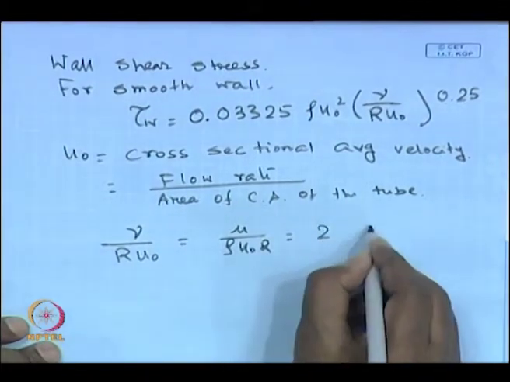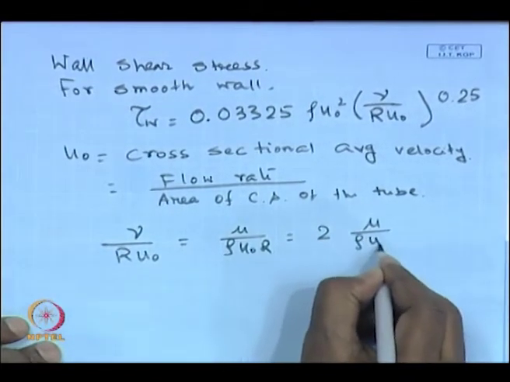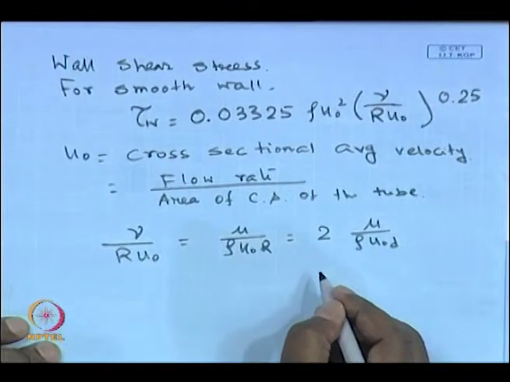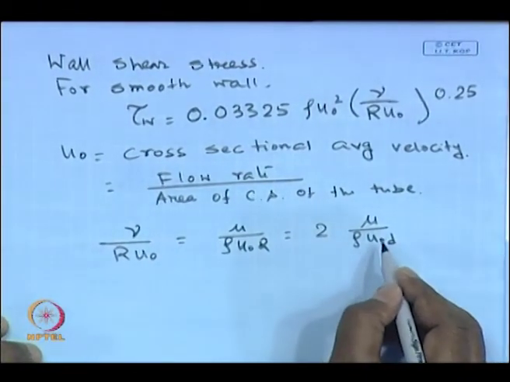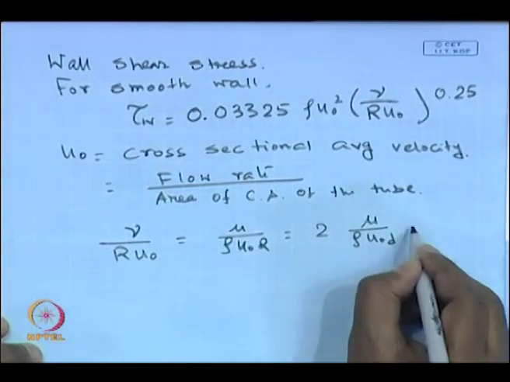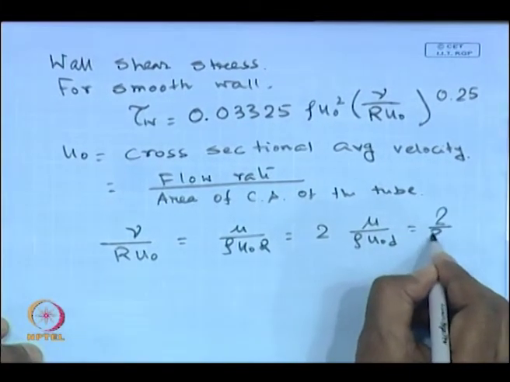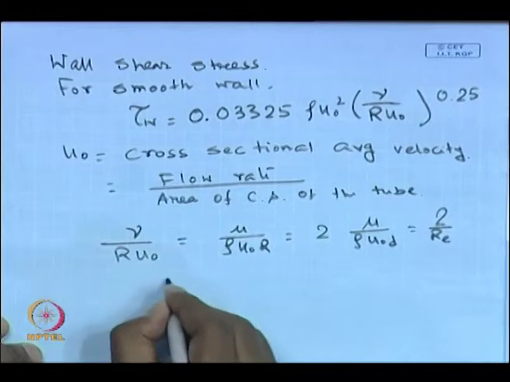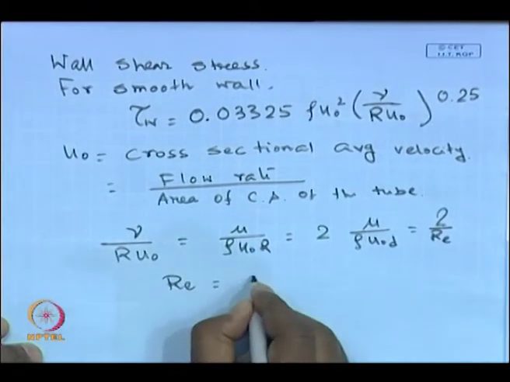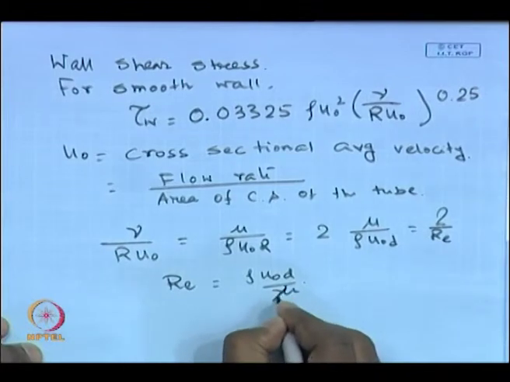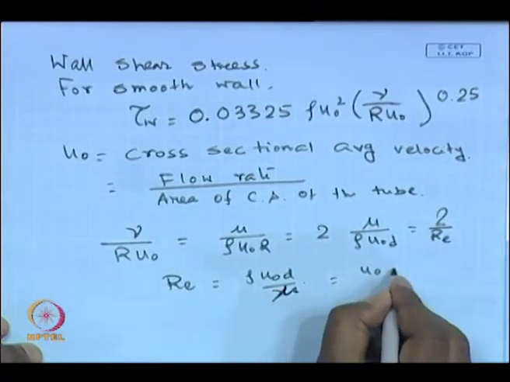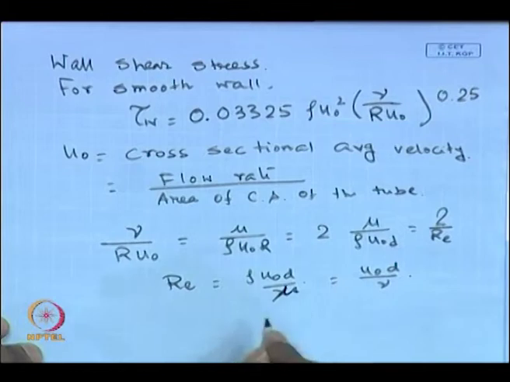So, this becomes 2 mu by rho u naught d. D is the tube diameter because it is flow through a tube geometry. So, rho u naught d by mu is nothing but the Reynolds number. So, this is nothing but 2 by Reynolds number. How you define Reynolds number as rho u0 d by mu or u0 d by nu, does not matter.